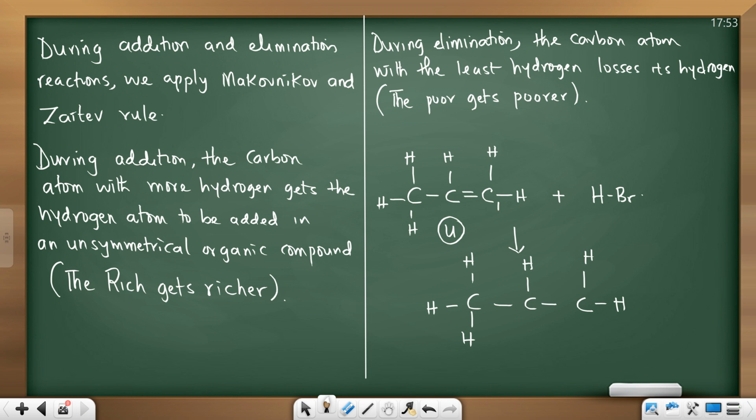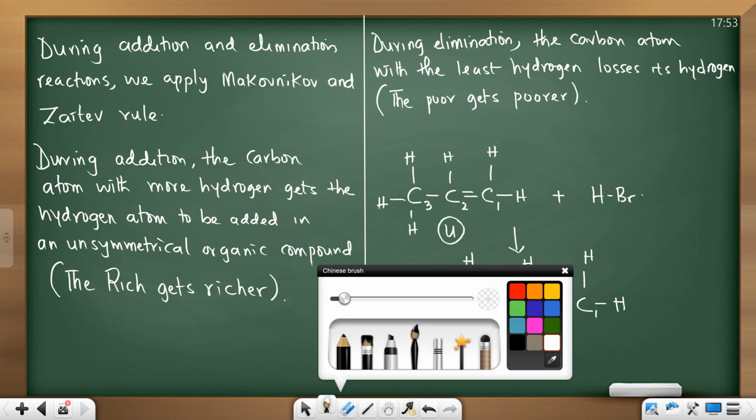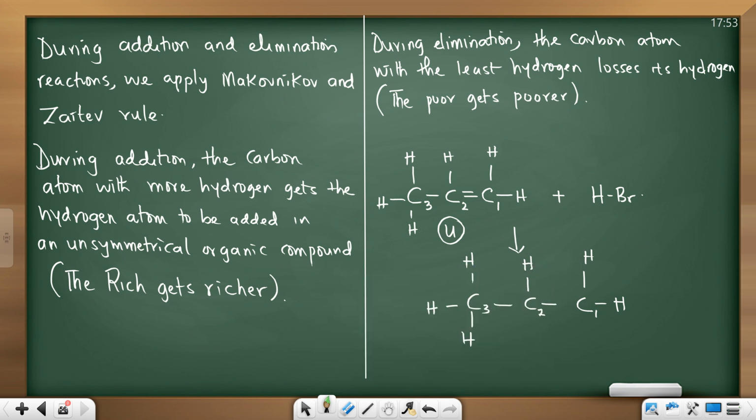This is carbon 1, carbon 2, carbon 3. Our double bond is in between carbon 1 and 2, so I'm going to separate it into saturated. There we go.